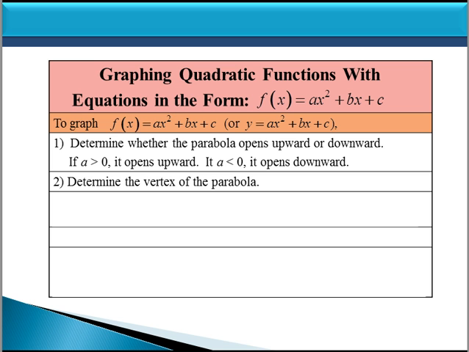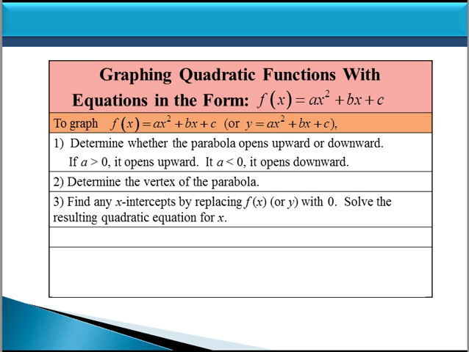Then you will find the vertex of the parabola, and we'll see in the next slide how to find the vertex when your function is in this form. The third step is to find any x-intercepts by replacing the f of x, or the y if you have a y instead, with 0, and then solving that resulting quadratic equation for x.